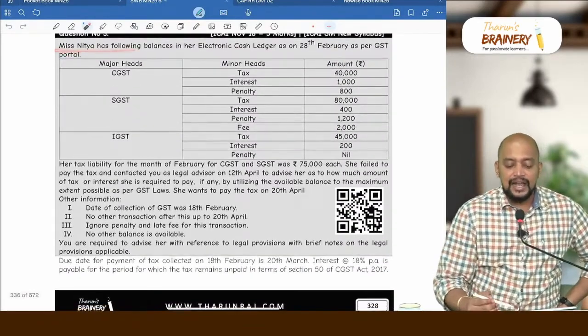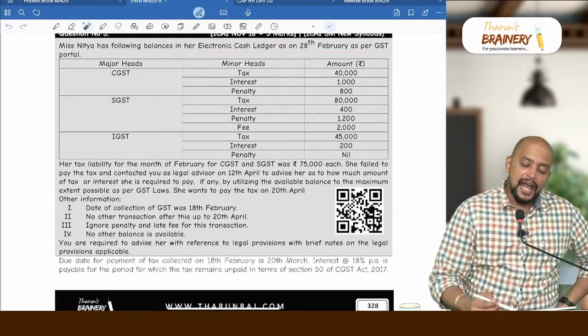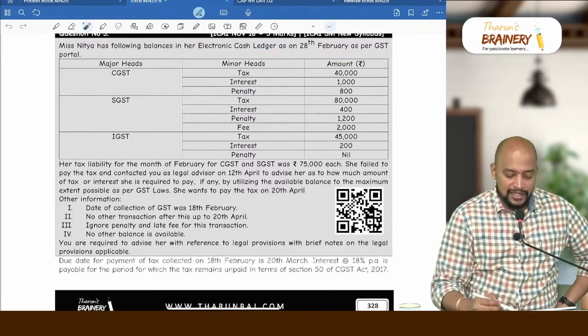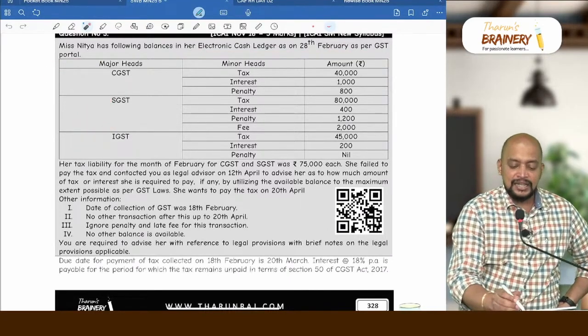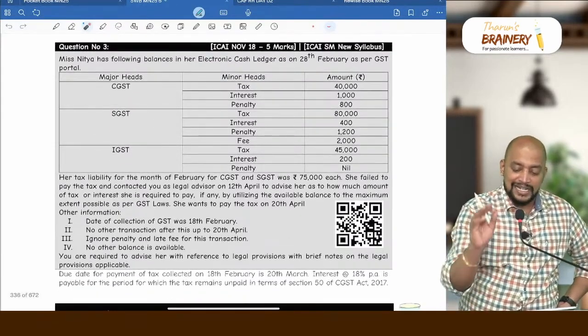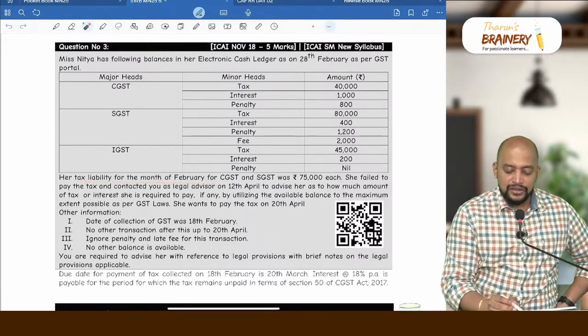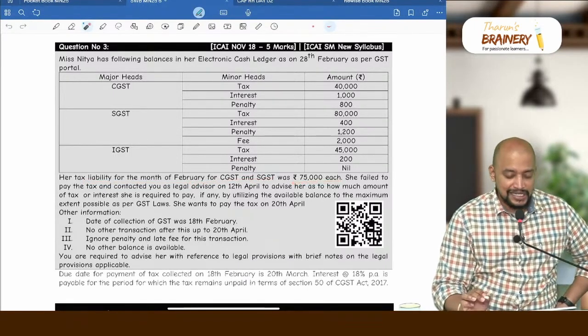Miss Nitya has the following balances in her electronic cash ledger as on 28 February as per GST portal. So, CGST, SGST, IGST, this is the balance in the cash ledger as on 28 February. Her tax liability for the month of February for CGST, SGST was 75,000 each.